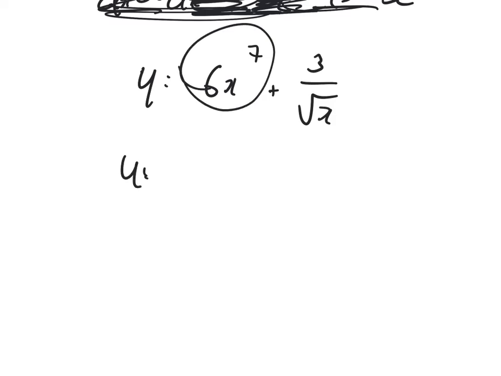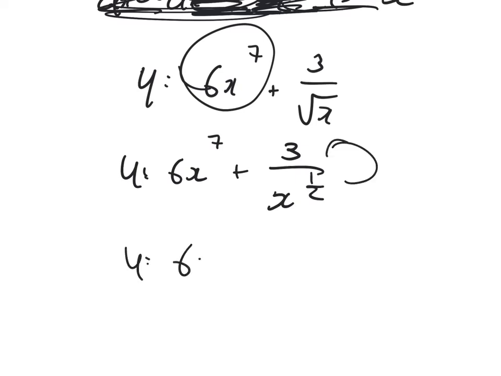Okay, let's try y equals 6x to the 7 plus 3 over root x. Okay, so that's ready to differentiate, but I'll wait until everything's ready to differentiate. So 6x to the power 7 plus 3 over x to the 1/2. I'm now going to bring that up. That will be 6x to the 7 plus 3x to the minus 1/2. I can now differentiate.